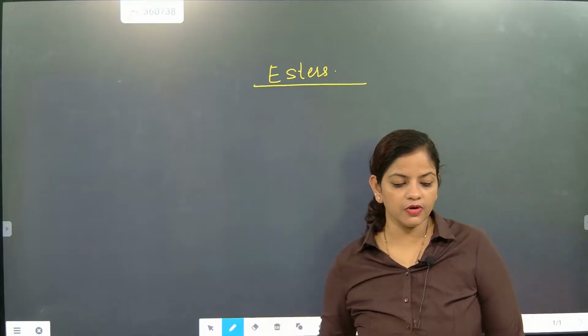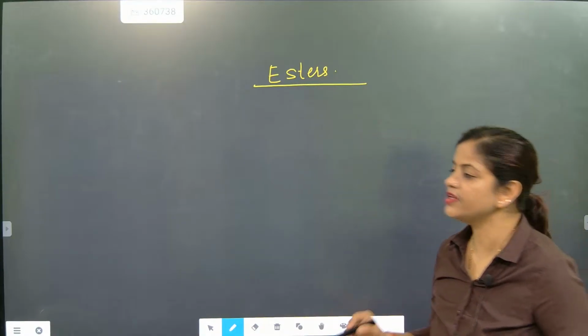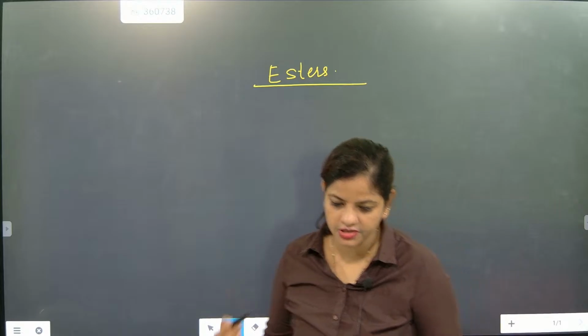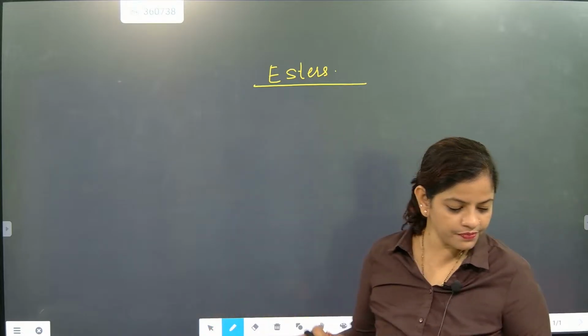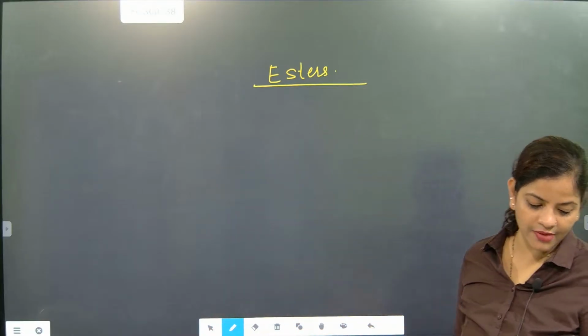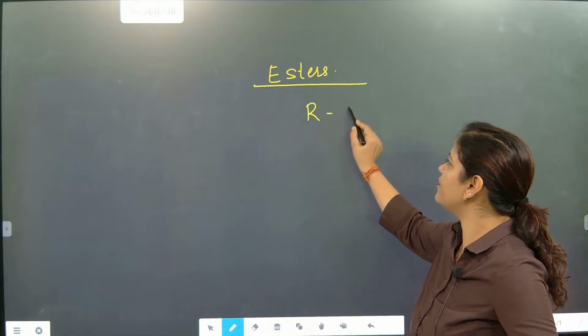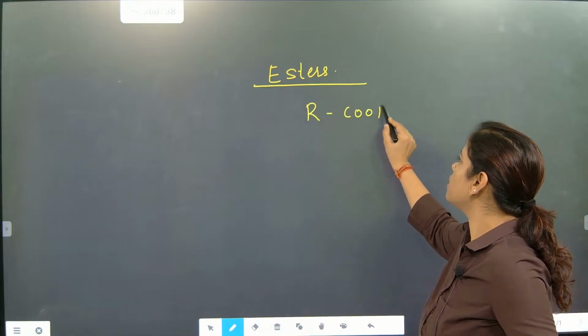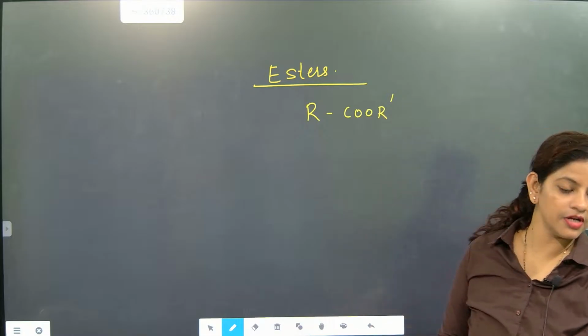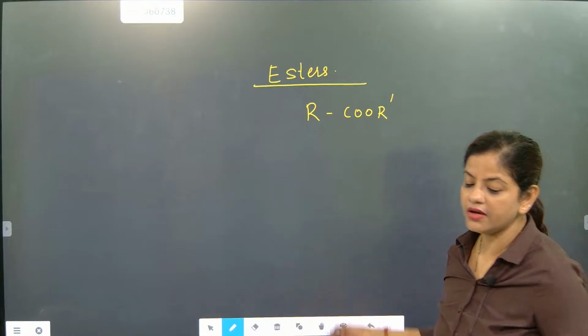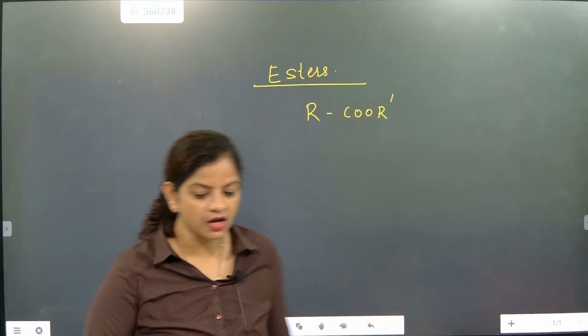When you talk about esters, the first thing is what is the general formula of esters? Okay, so RCOOR dash. Got it? RCOOR dash. This is the general formula.